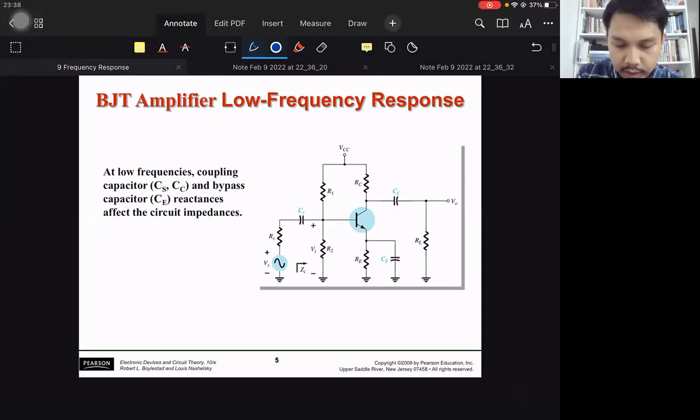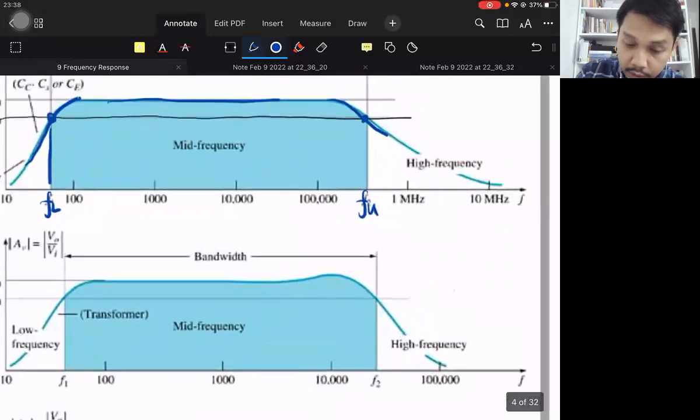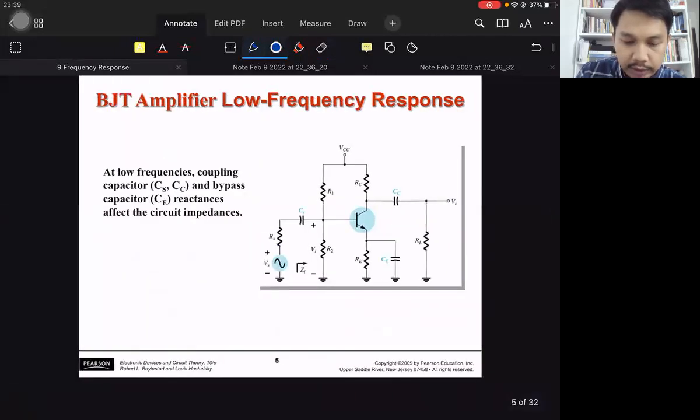Okay. So ang gigamit na convention sa author is FL for lower frequency and FH for higher frequency. FL and FH. Low frequency response and high frequency response.